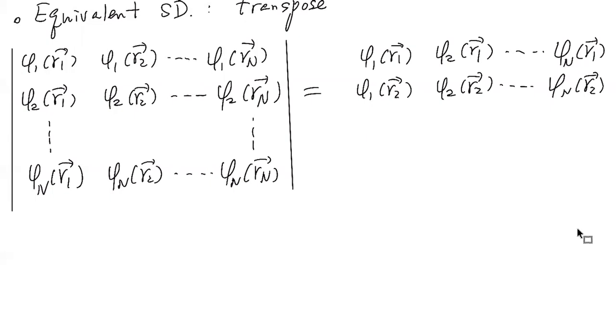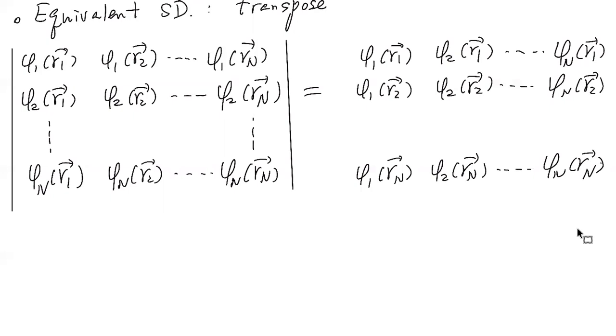And the last row becomes the last column. Phi 1 Rn, phi 2 Rn, phi n Rn. Right? The right-hand side is simply a transpose of the left-hand side.